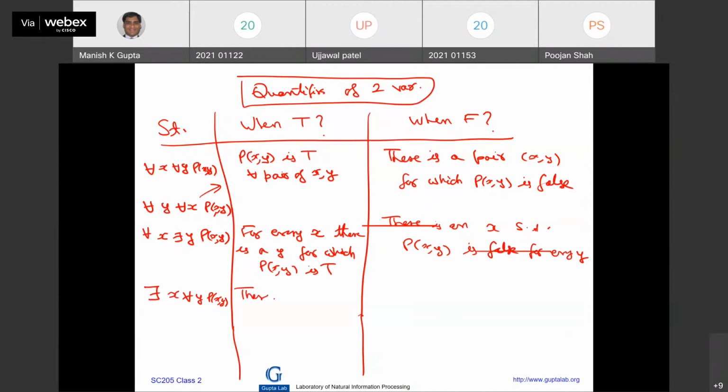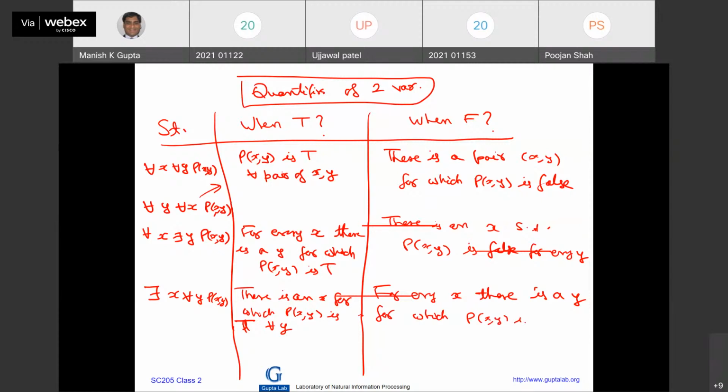When it is true, there is an x for which P(x,y) is true for every y, basically. Again, I'm using shorthand, but that's okay. And when it is false, for every x, there is a y for which P(x,y) is false.